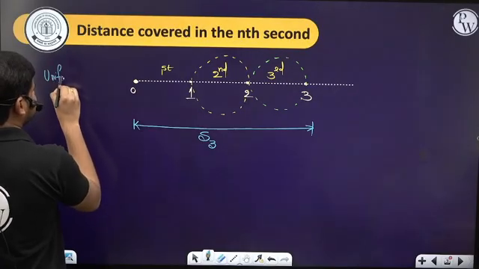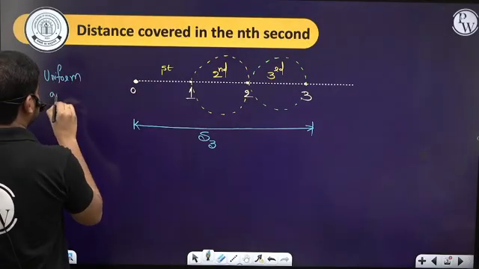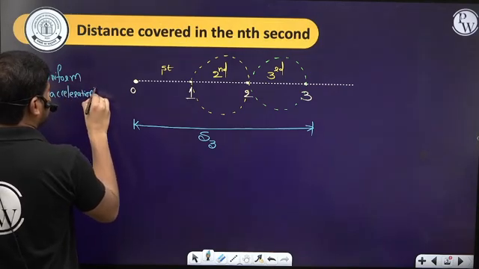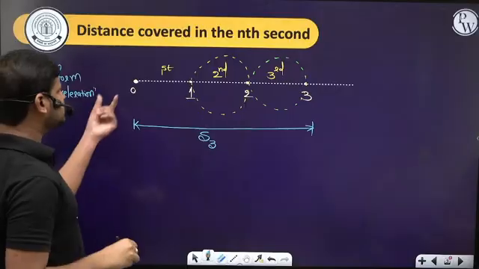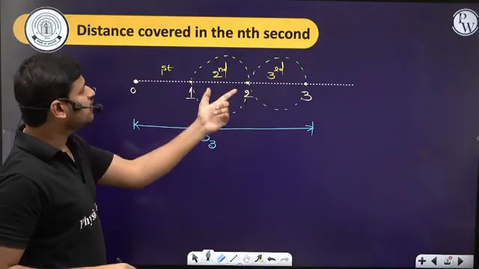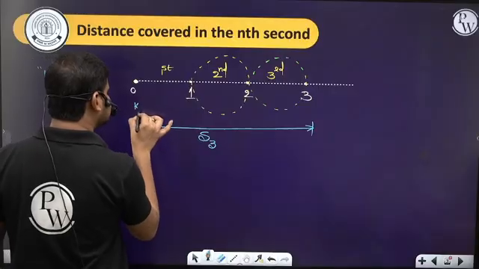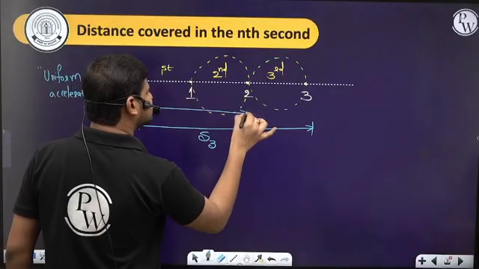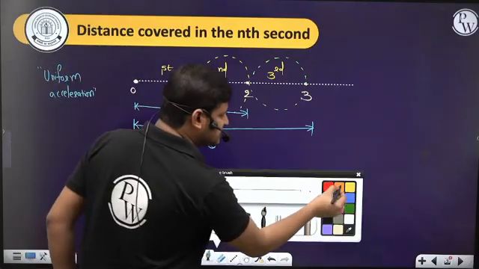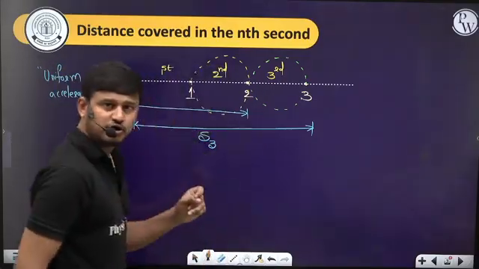Whatever conditions we are seeing are completely uniform acceleration conditions. Now see here: if the body's initial velocity and acceleration are known, then you can also find the distance traveled in 2 seconds. Now I need the distance traveled in the third second. So now you got the idea, right?